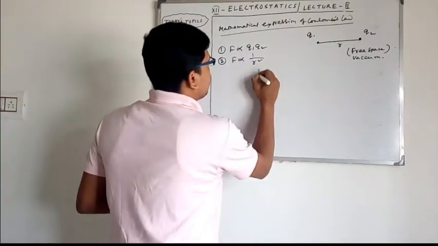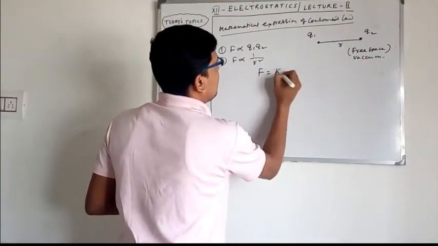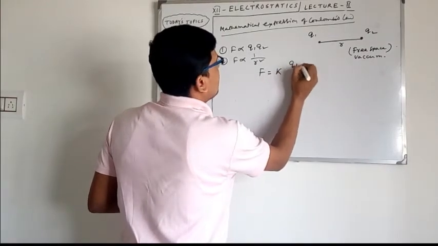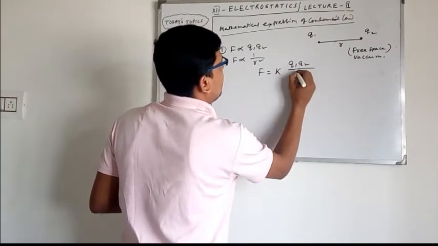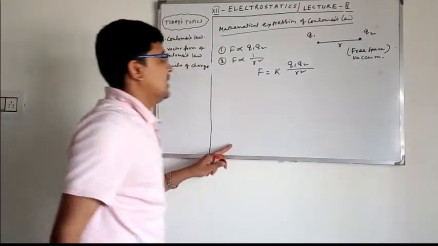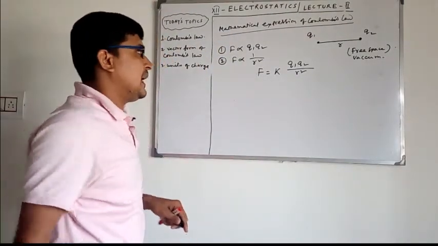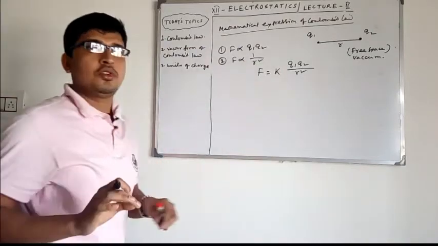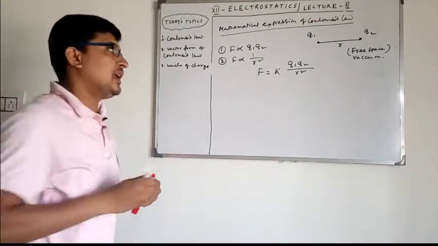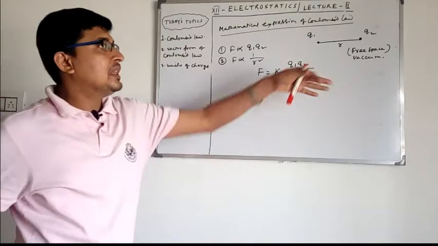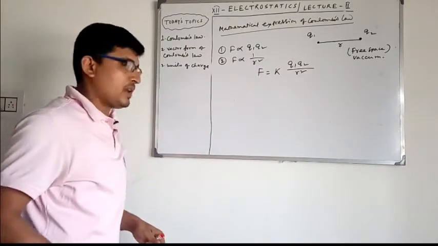So the final expression of Coulomb's law will be K Q1 Q2 upon r square. This is the final expression of Coulomb's law, and it gives the amount of force between the two charged particles kept at a distance r in the free space or vacuum.